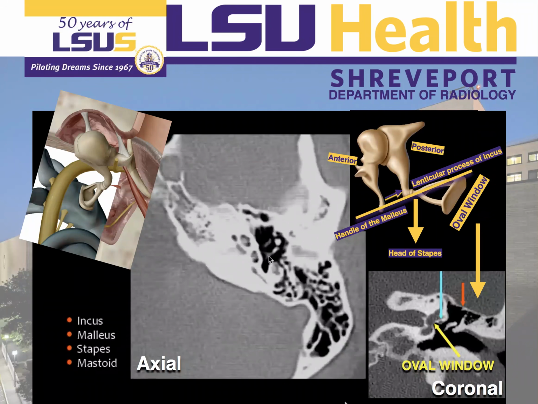These are the crura of the stapes, anterior and posterior, and this is the footplate of the stapes attaching to the oval window. You cannot see the oval window well on the axial view, but you can see it here on the coronal view. Just remember that this is the footplate of the stapes attaching to the oval window in the vestibule, okay?